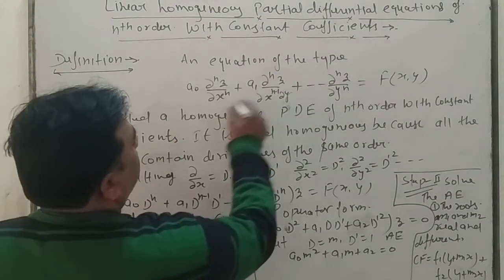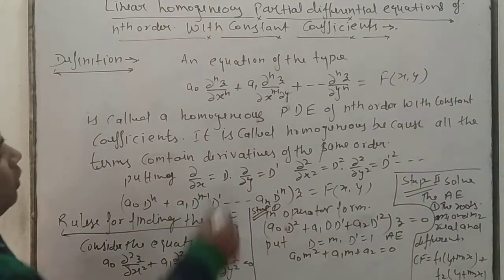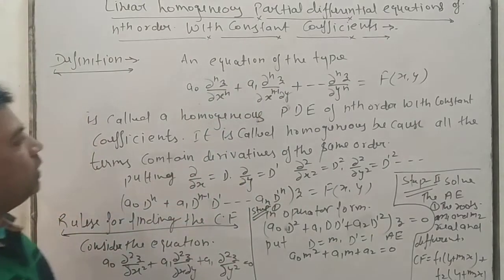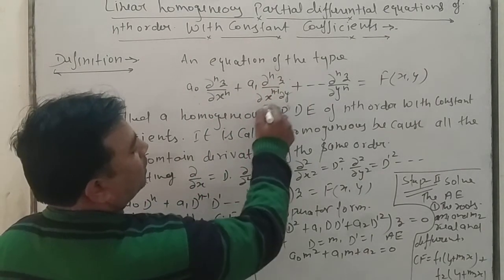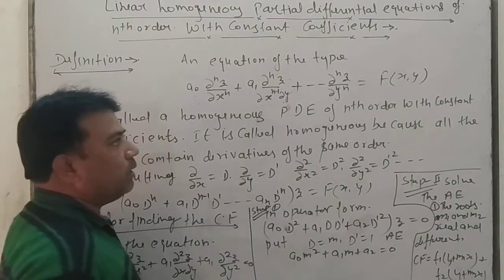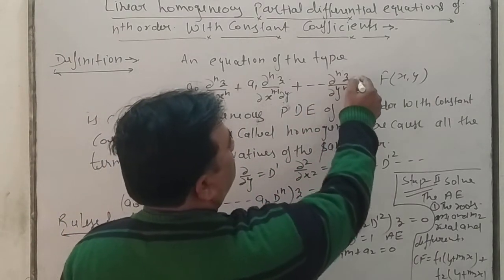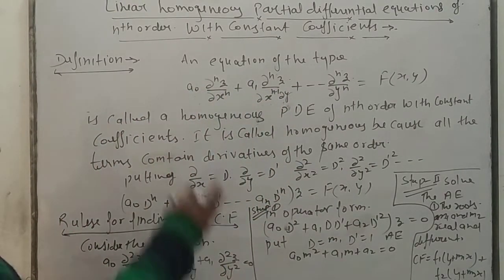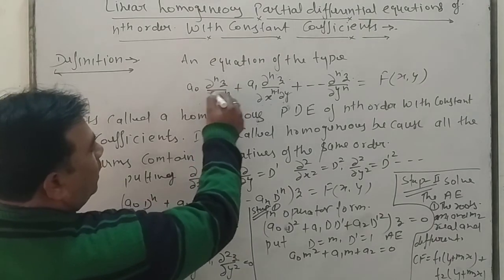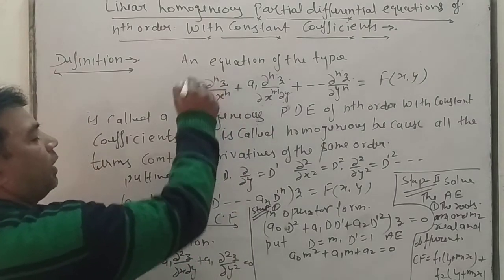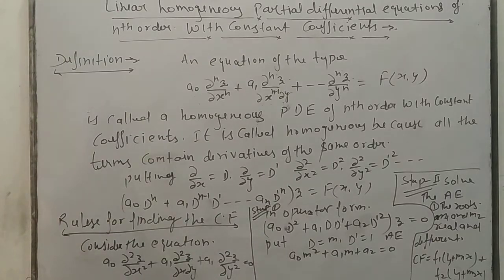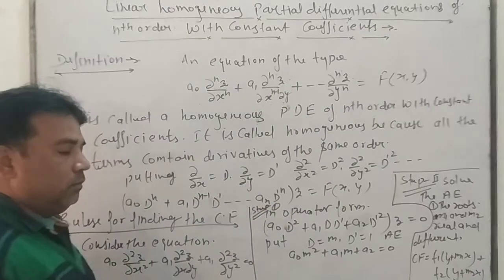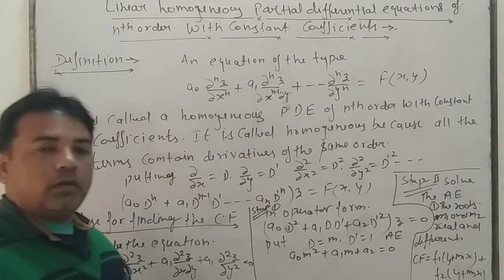Definition: any equation of the type you see on the board, a naught del to the power n z over del x to the power n, a1 del to the power n z over del x to the power n minus 1 del y, and so on, up to del to the power n z over del y to the power n, equal to f(x,y). You see the partial derivative of z in nth order, and a1 times the partial derivative of z with respect to x and y in nth order.